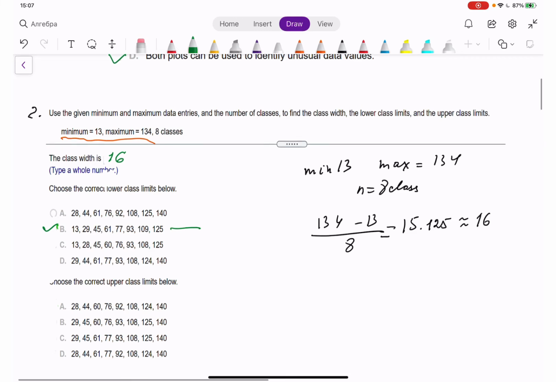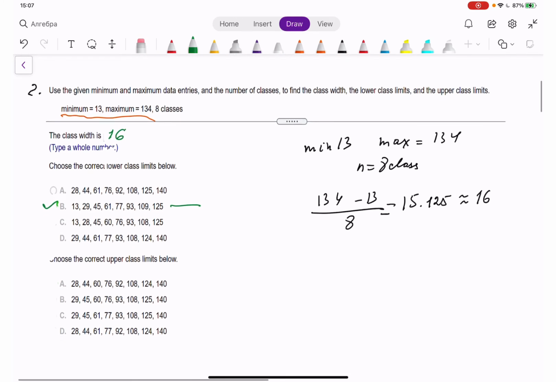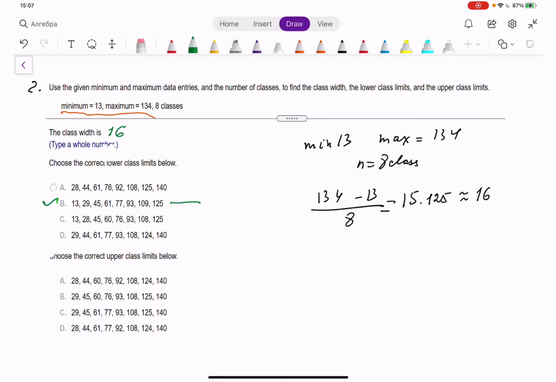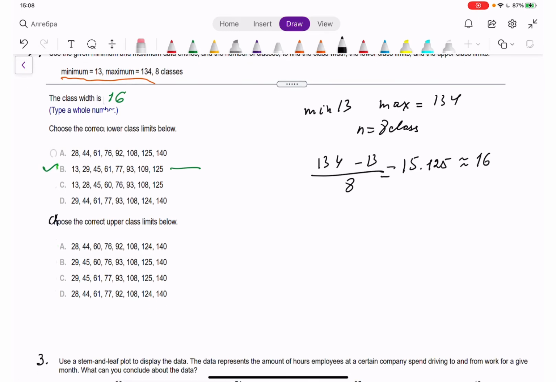So now we need to find the correct upper class limit. Choose the correct upper class limit. So what do we have?